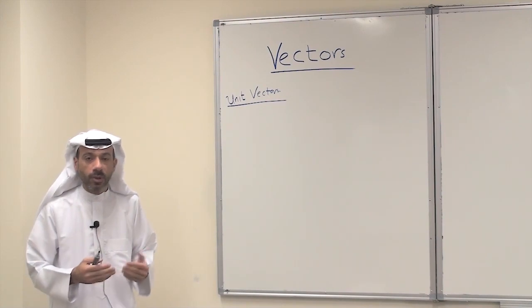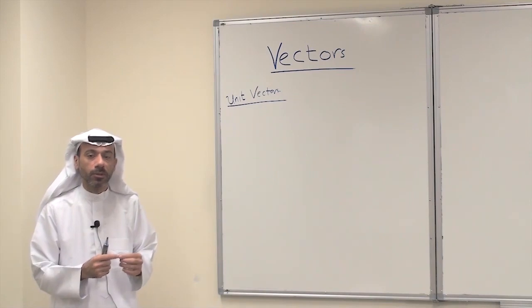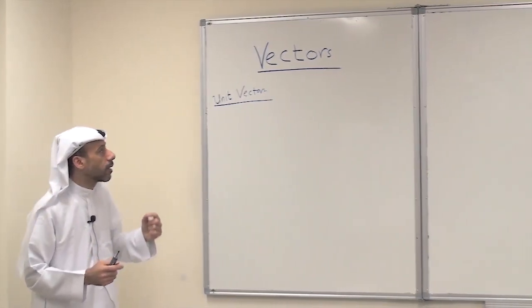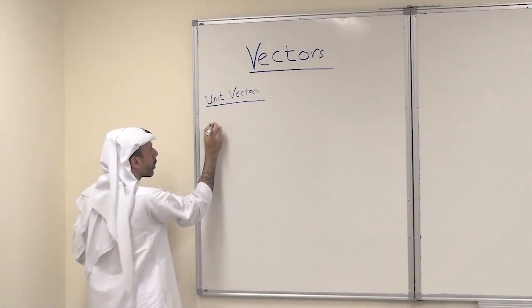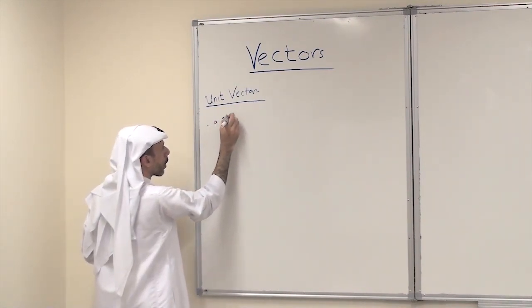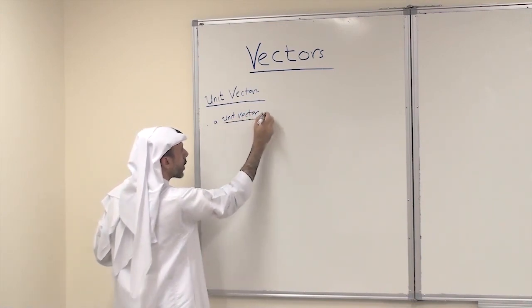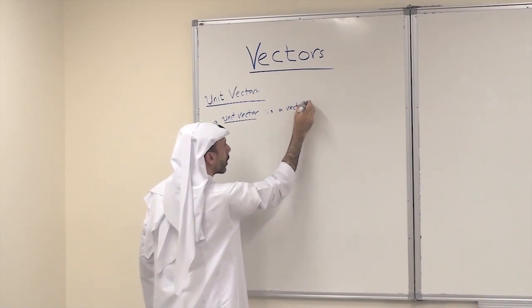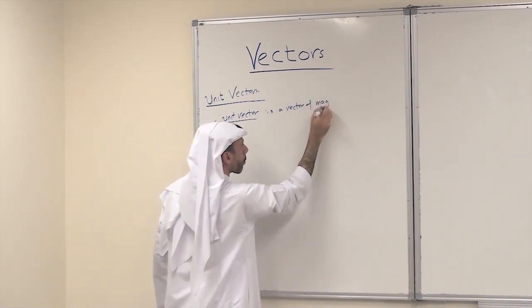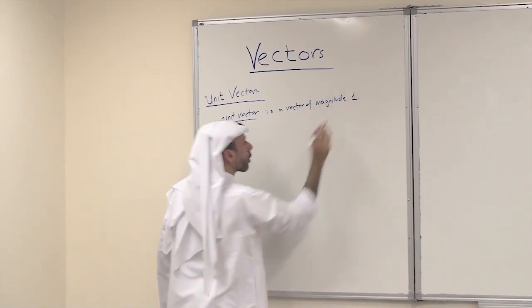The next point about vectors is a basic and very important notion, which is the notion of unit vectors. So what is a unit vector? A unit vector is a vector of magnitude 1.